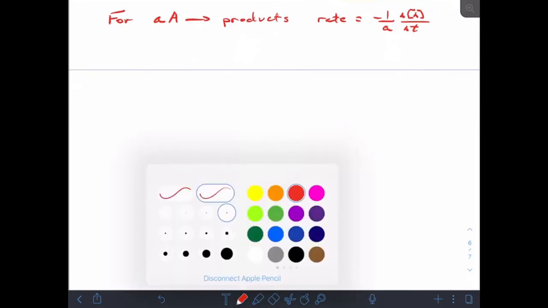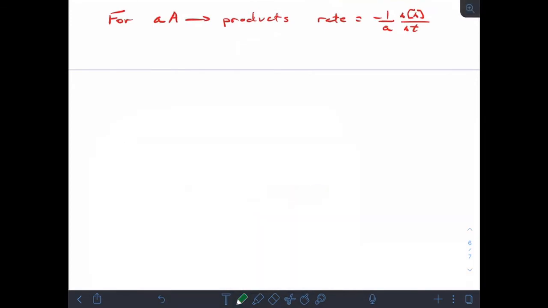So let's do this in green because green is pleasant. All right, so if my reaction order is 0, so if I'm dealing with a 0th order reaction, the rate law is rate equals k, right? Because it's k[A] to the 0th power, which is just 1. So rate equals k.